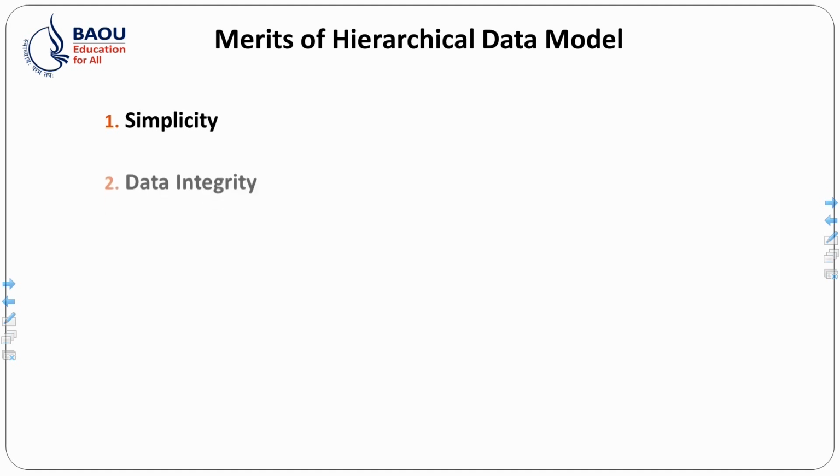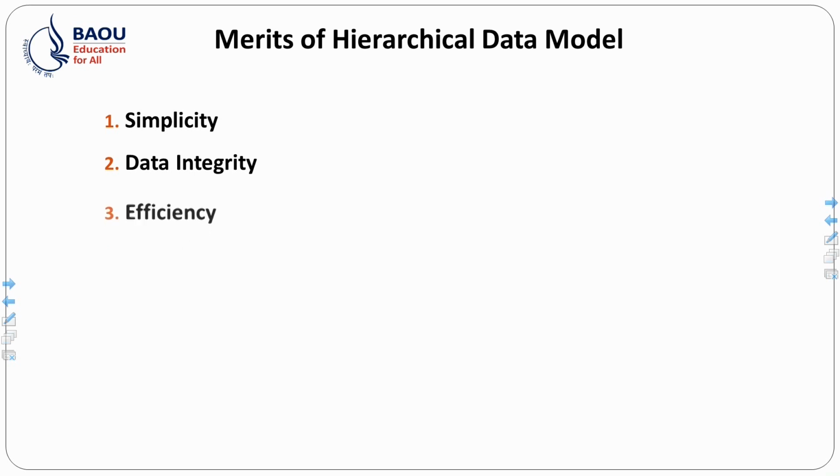The second is data integrity. The model promotes data integrity as the child segments are automatically referenced to their parent segment. In this model, the parent and child relationship is always there between the layers.